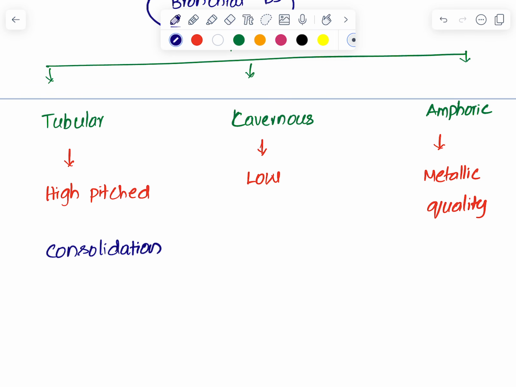Cavernous type of breath sounds are heard over a cavity which is present over the superficial part of the lung.